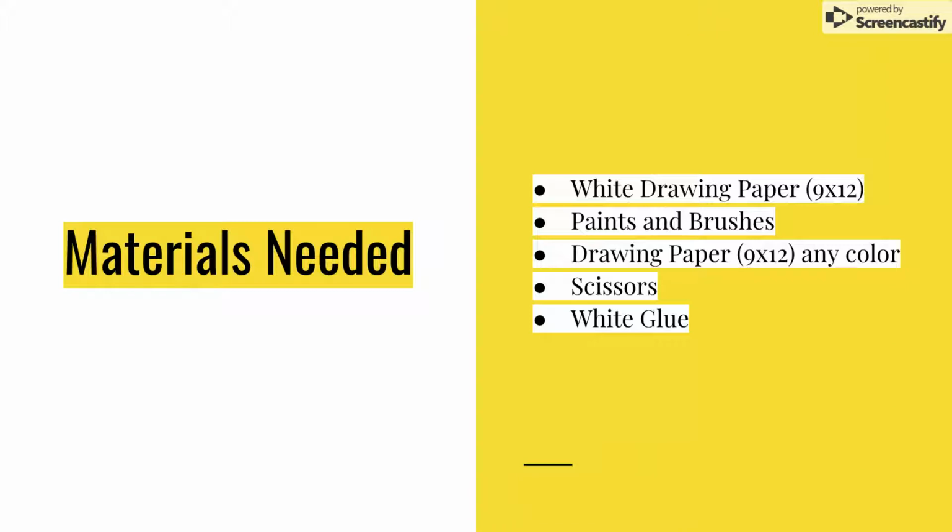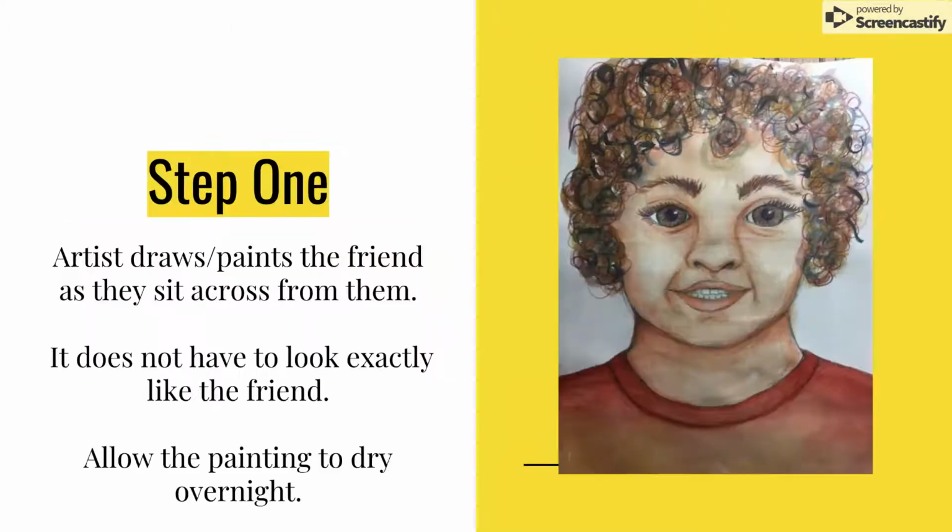So the materials that are needed are white drawing paper, 9 by 12, paints and brushes, drawing paper in any color, also 9 by 12, scissors, and white glue. And then optionally, you have the choice of giving the children some collage items like strings or buttons or textured paper and stuff like that to adhere at the very end.